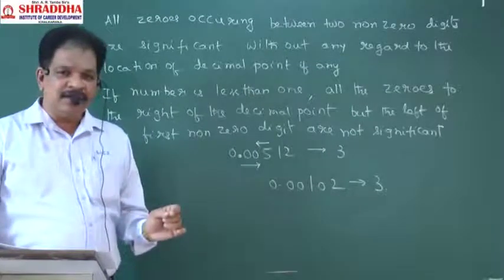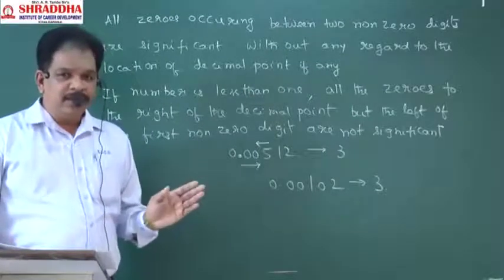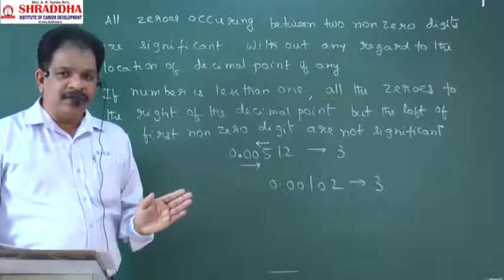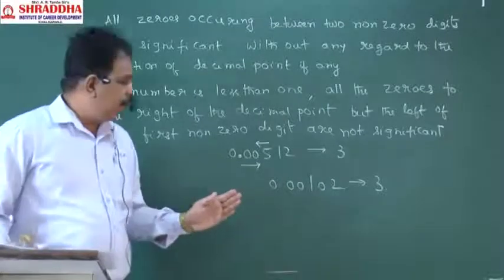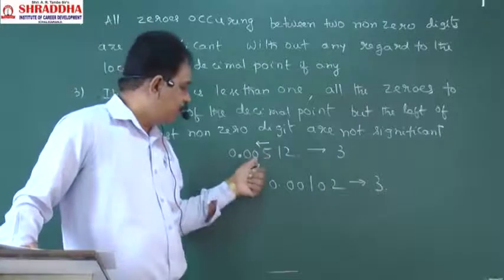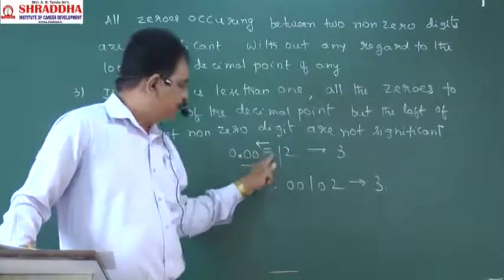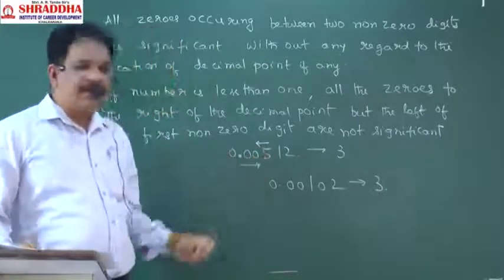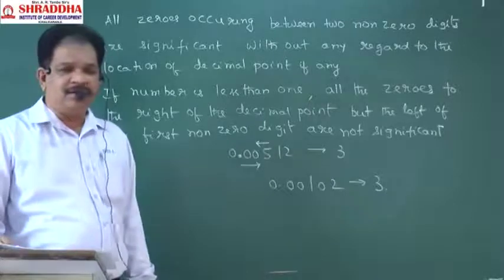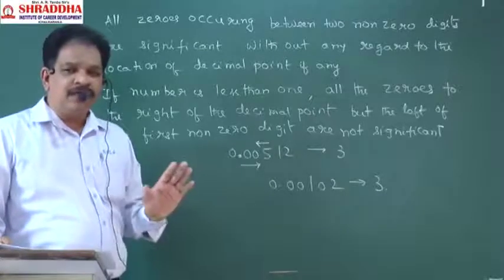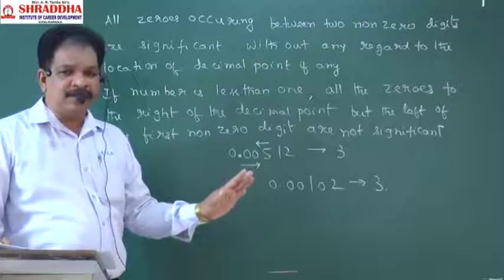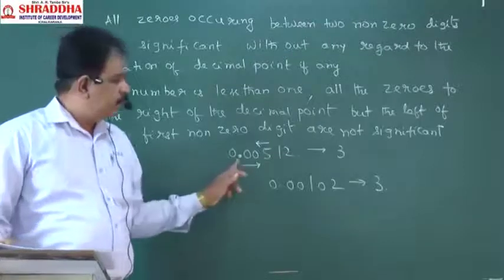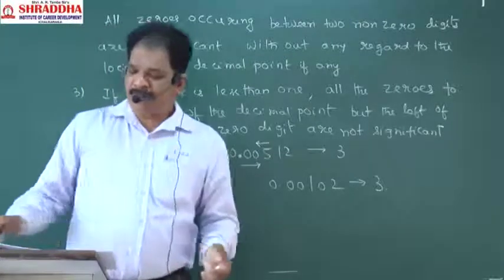So zeros to the right of the decimal point and to the left of the first non-zero digit, this is the first non-zero digit, those zeros to the left are not significant. Clear? So that is rule number 3.